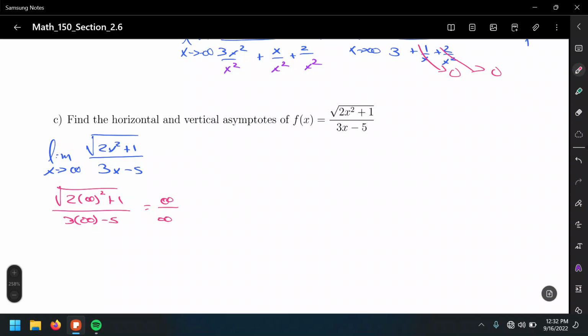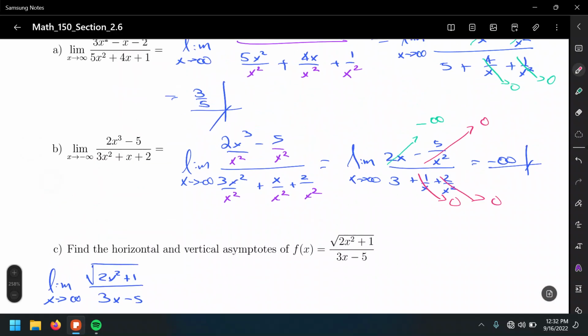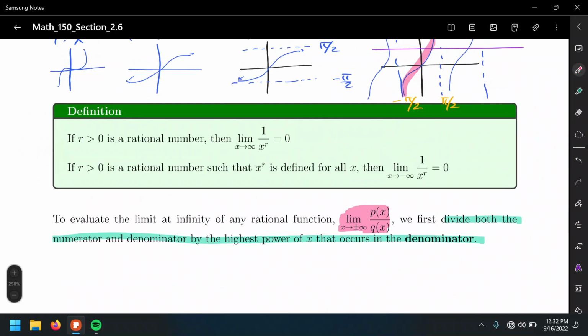This is another one of those indeterminate forms. In the previous sections, we discussed how 0 over 0 is one of the indeterminate forms. Infinity over infinity is one of those indeterminate forms. Let me go back to those indeterminate forms here.